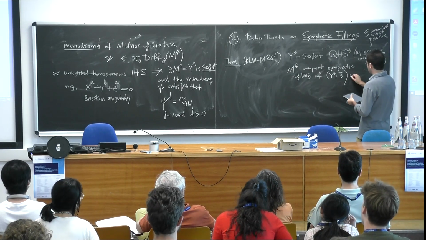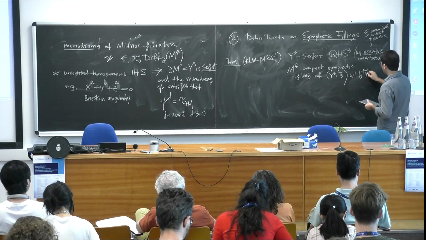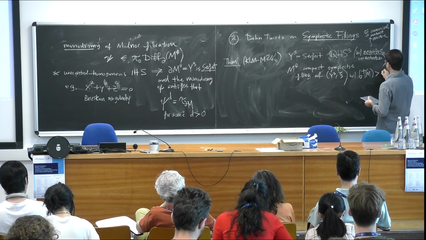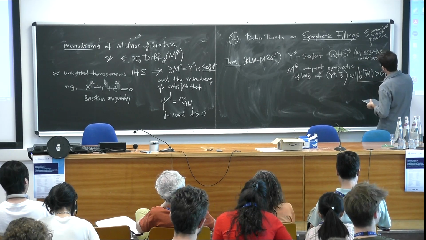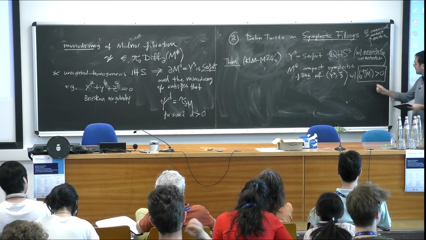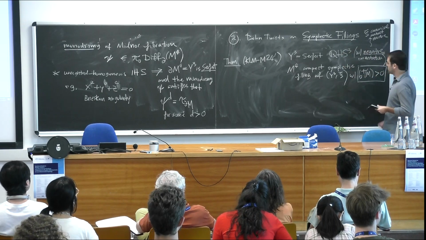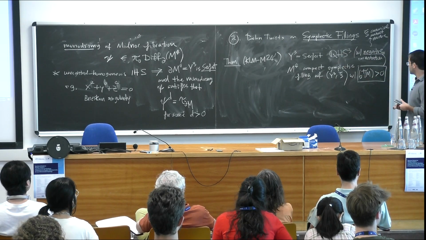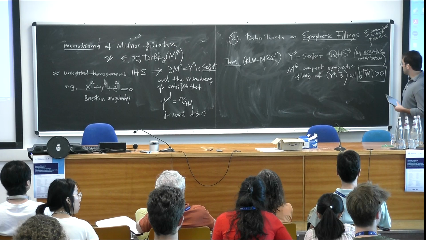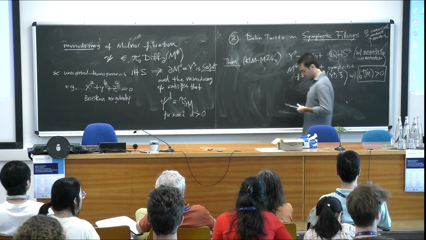And the crucial property of this symplectic filling is that it's going to have a positive b+. If you look at the intersection pairing on the H_2 of this compact 4-manifold, the dimension of the positive eigenspace must be non-zero.